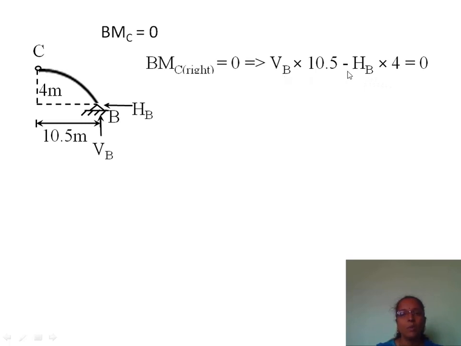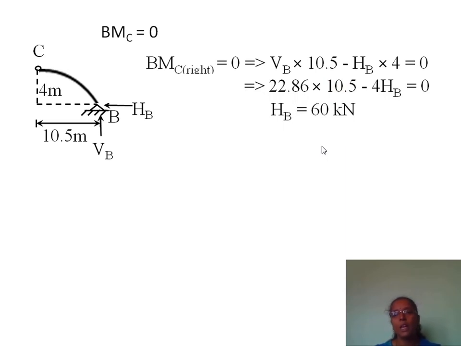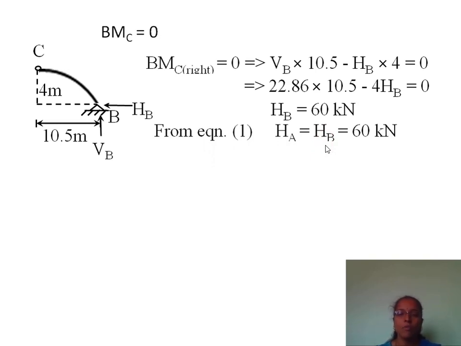So VB into 10.5 minus HB into 4 equals 0. Substituting the value of VB and simplifying, we get HB as 60 kilonewton. From equation 1, HA is equal to HB, therefore HA and HB are both equal to 60 kilonewton. That is the calculation of reactions.